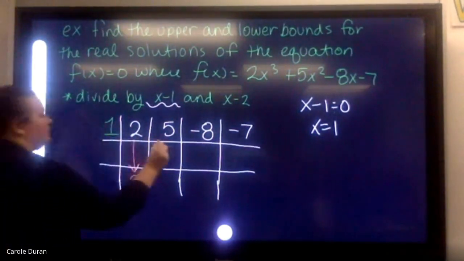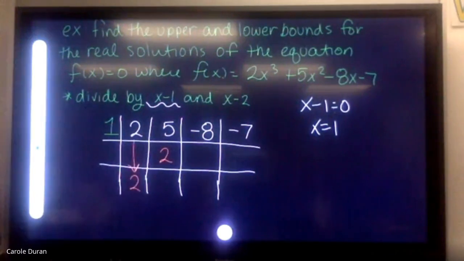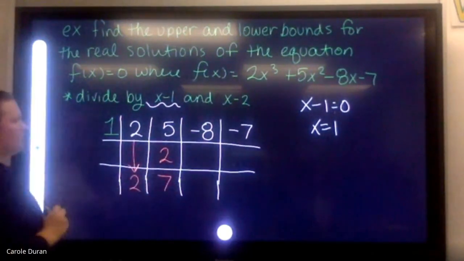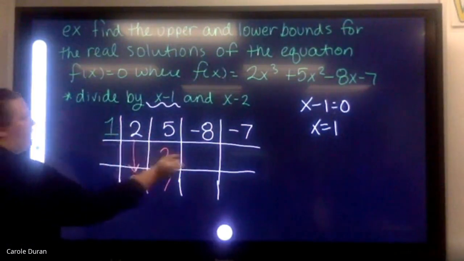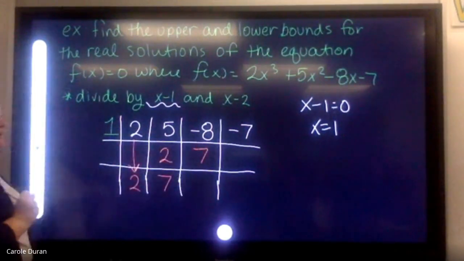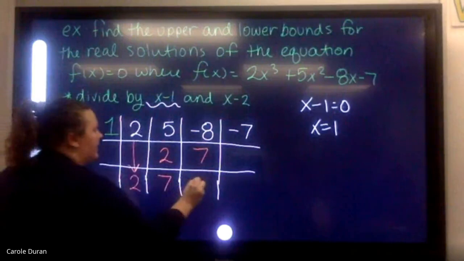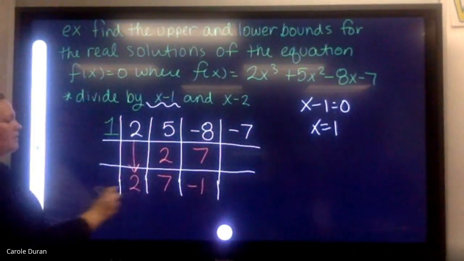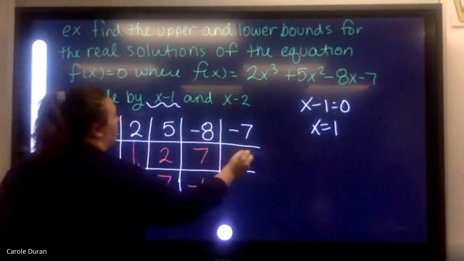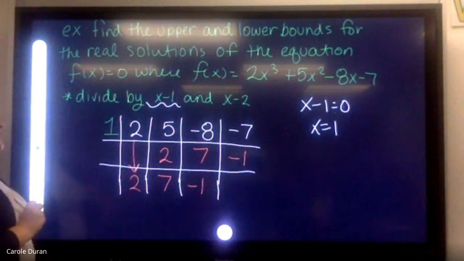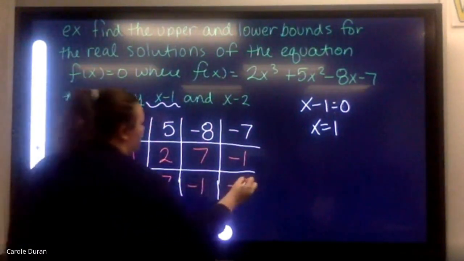So 2 times 1 is 2. Then I add straight down. 5 plus 2 is 7. Then I do 7 times 1 to get 7. -8 plus 7 is -1. -1 times 1 is -1. -7 plus -1 is -8.